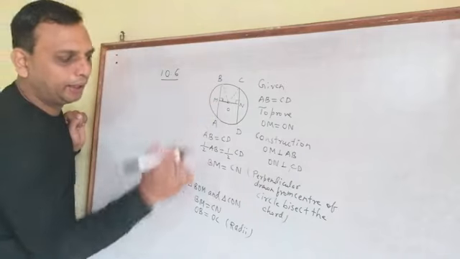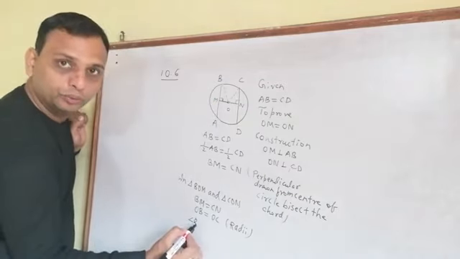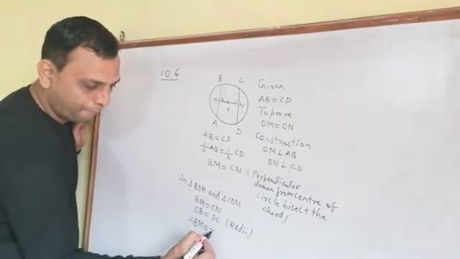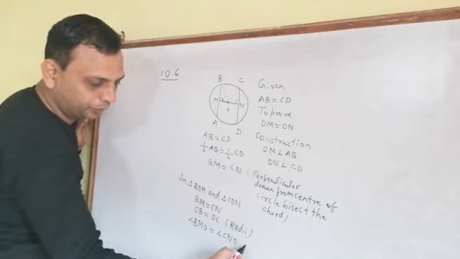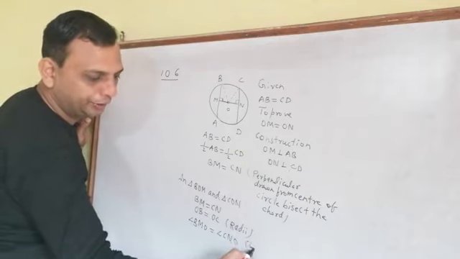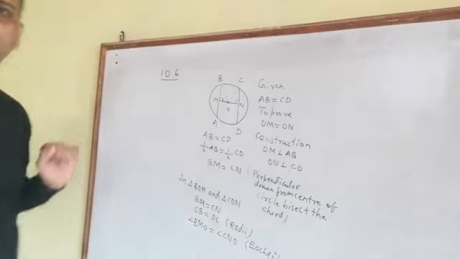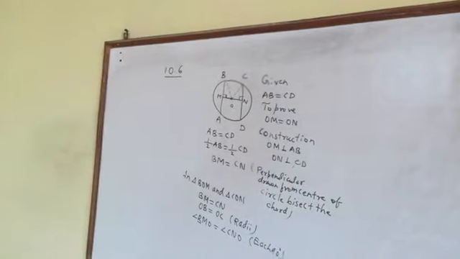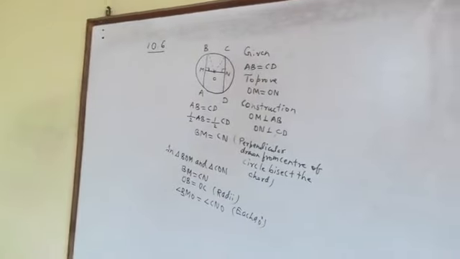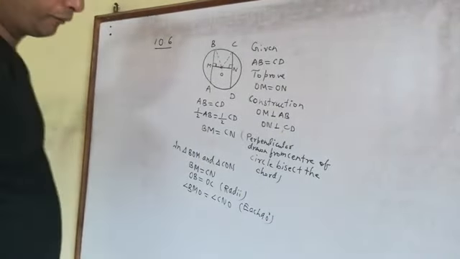Then these angles at M and N are 90 degrees. So we can write angle PMO is equal to CNO, each 90 degrees.